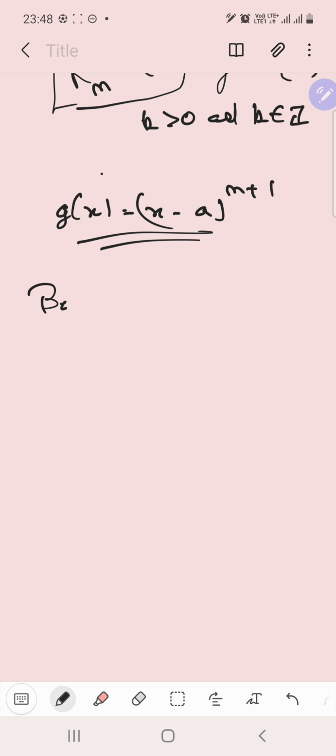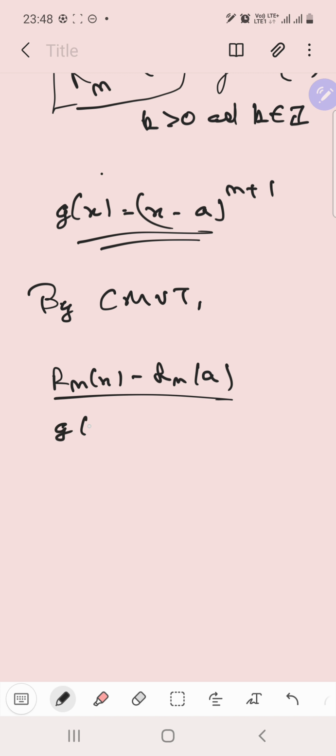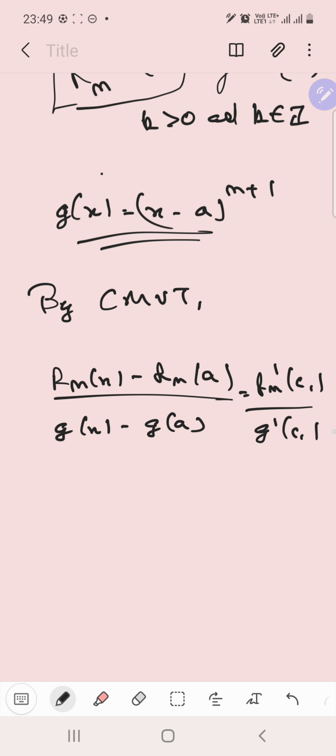Okay, now we will use the Cauchy's mean value theorem. So by Cauchy's mean value theorem, your (Rn(x) minus Rn(a)) upon (g(x) minus g(a)) will be equal to Rn1(c1) over g1(c1), and c1 belongs to the interval (a, x).